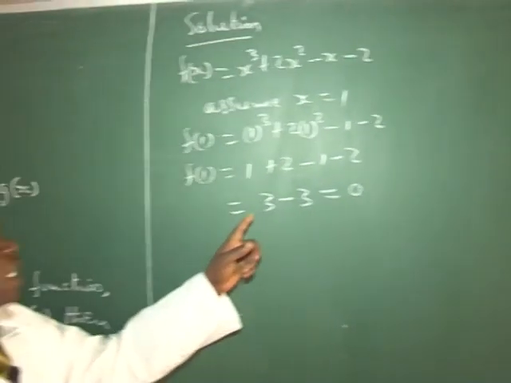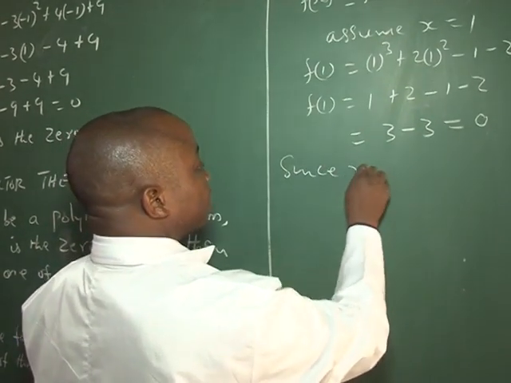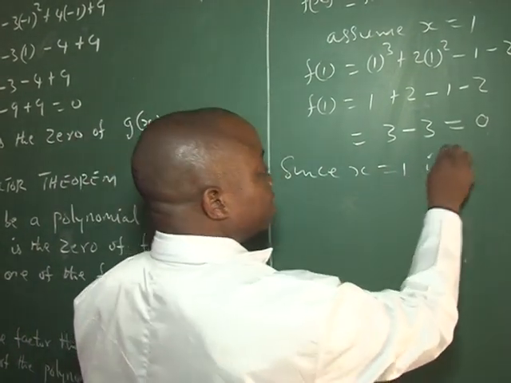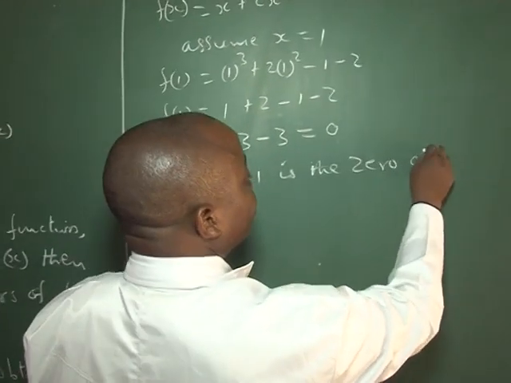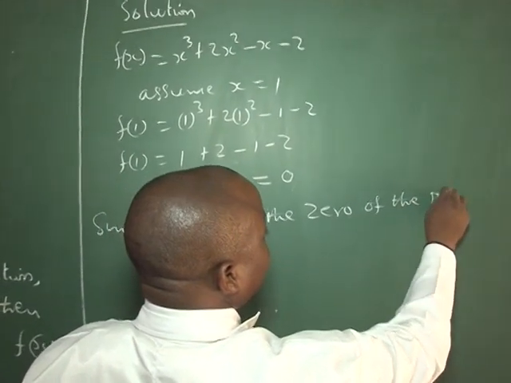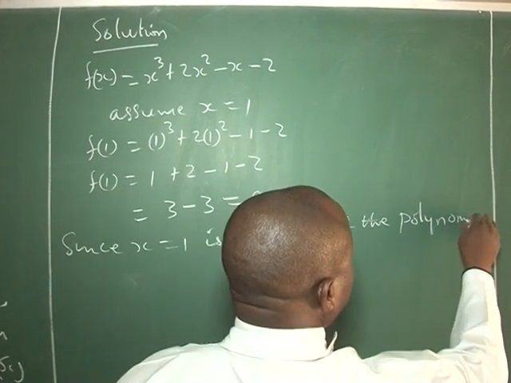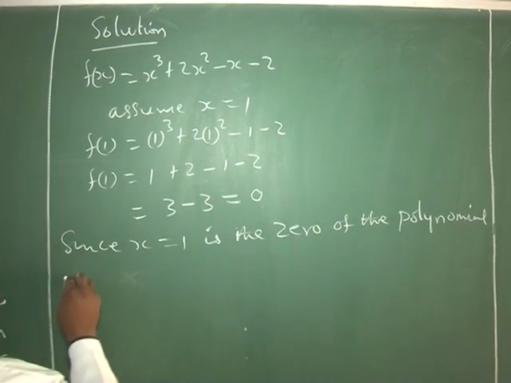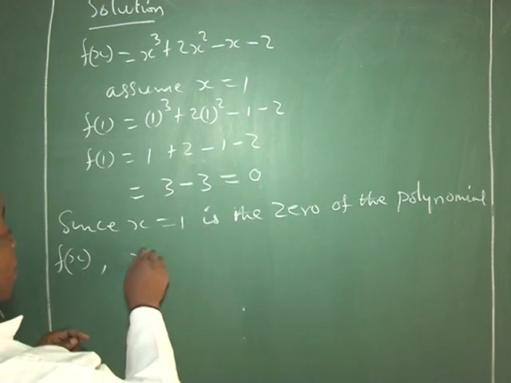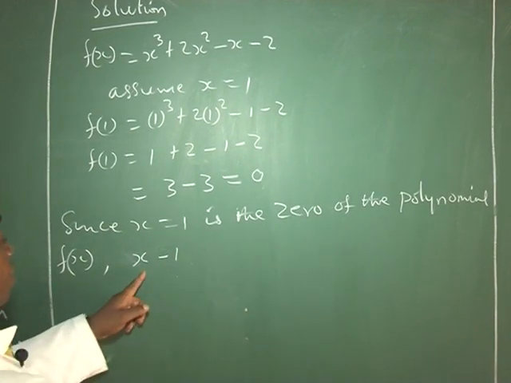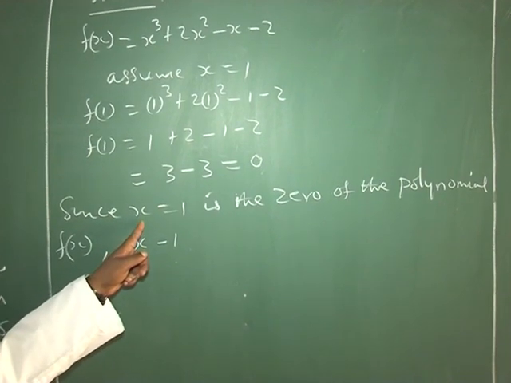Now, since x equals 1 is the zero of the polynomial f of x, it means that x minus 1, you see, because if I take this back here, I will have minus 1.